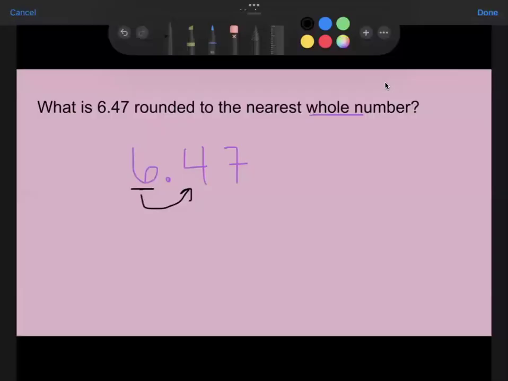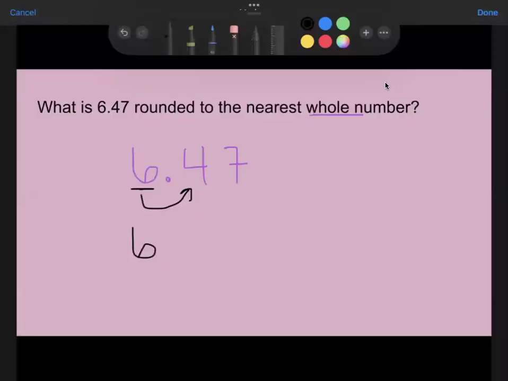Since this is 4 or less, I have to let it rest, which means the 6 has to stay the same. A common misconception among learners is that if I don't round up, I have to round down, so that is going to go down to 5. It's actually not. It's either going to go up or it's going to stay the same.